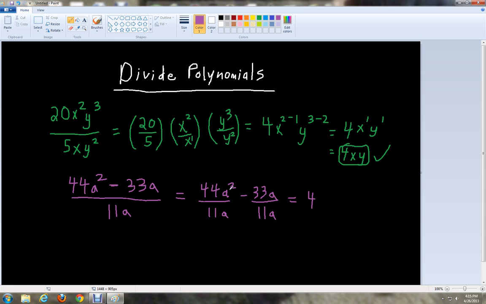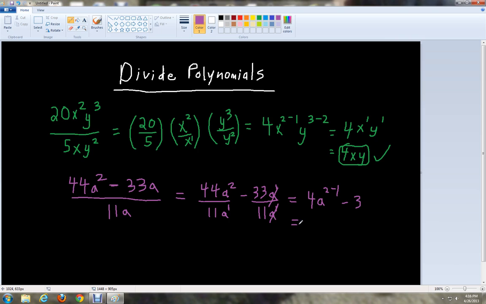And then a squared over a, that's like a to the 2 minus 1, just like we did last time, because remember, this is a to the first power, and then we subtract the exponents. And then we'll have minus 33 divided by 11, that's 3. And then a to the first power over a to the first power. Since these are exactly the same, we can just cancel those out and we'll just have 3.